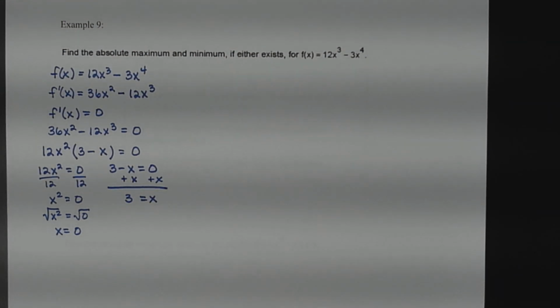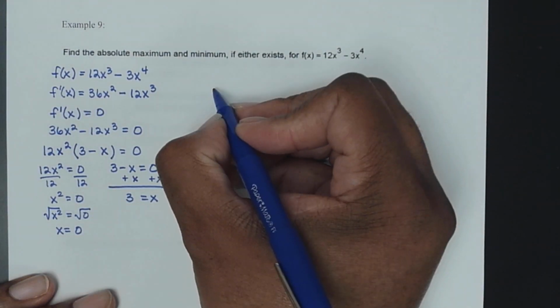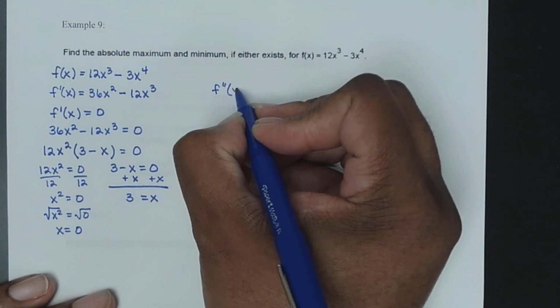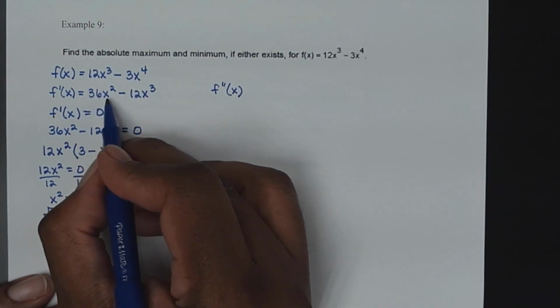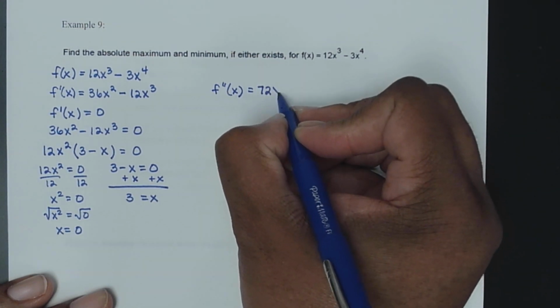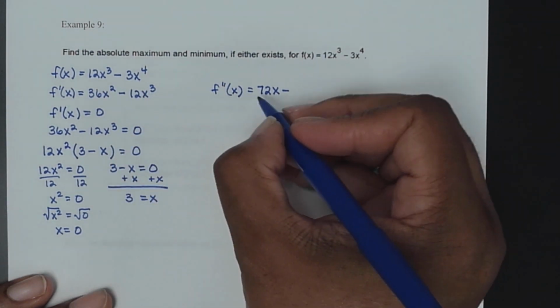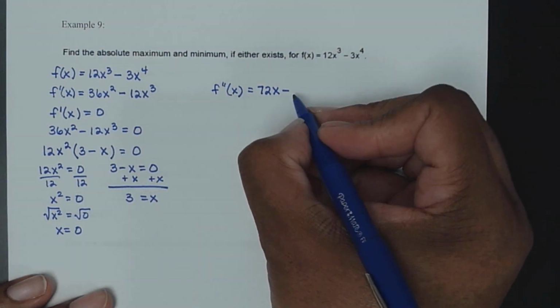And now we're going to find out what f double prime of x is going to be. So this right here represents f of x, and here's f double prime of x. If I take the derivative of 36x squared, I'm going to get 72x minus the derivative of 12x cubed, which would be 36x squared.